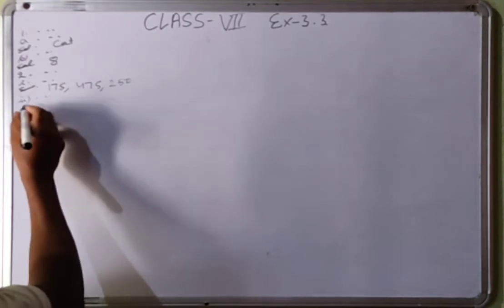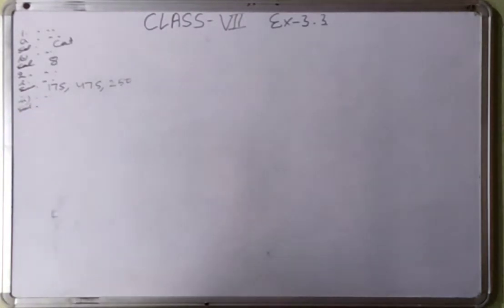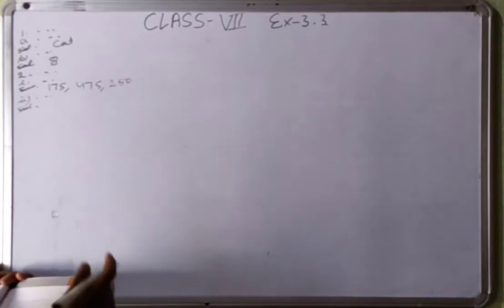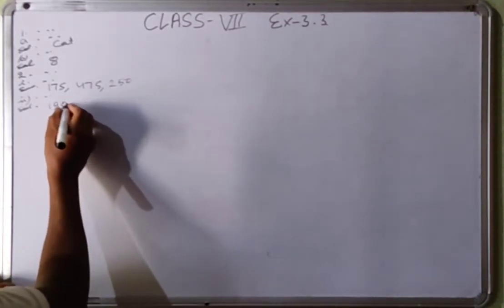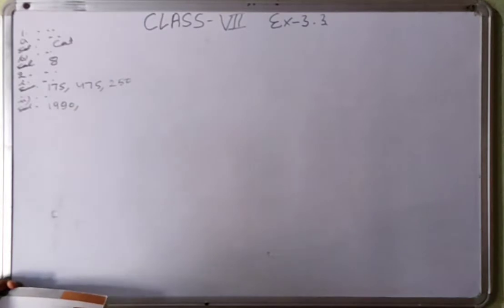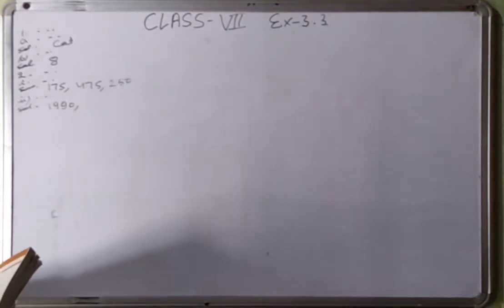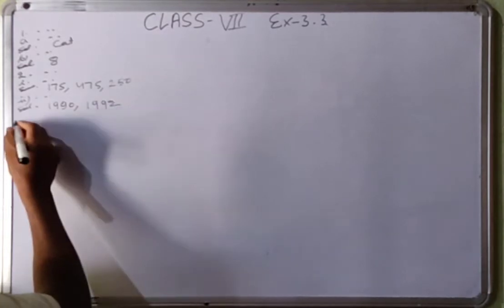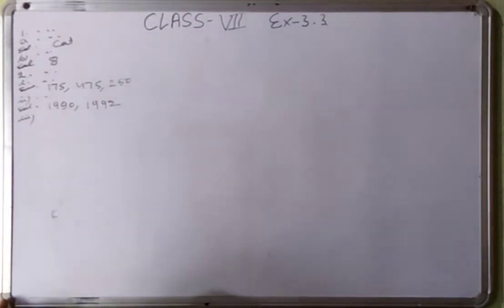Second part, in which year were about 475 books sold? That will be 1990, and then 225 that is 1992. Third part, in which year were fewer than 250 books sold?